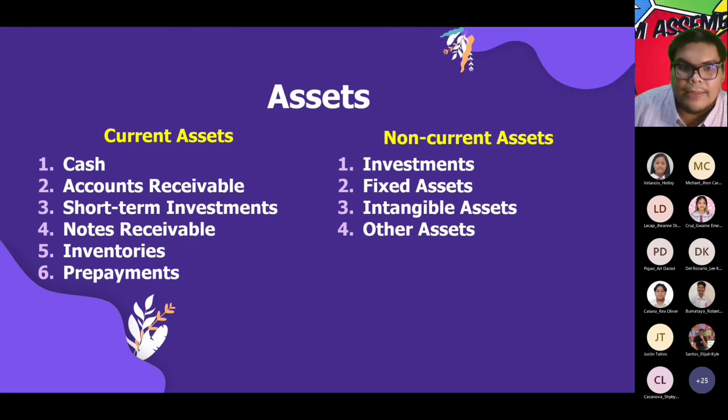So, balik lang natin. For the current assets, we have cash, accounts receivable, short-term investments, notes receivable, inventories, and prepayments. For non-current, we have investments, fixed assets, intangibles, or intangible assets, other assets.